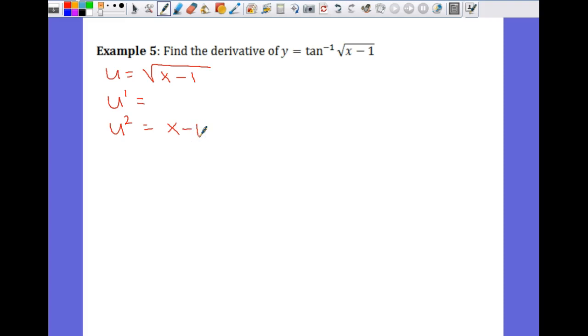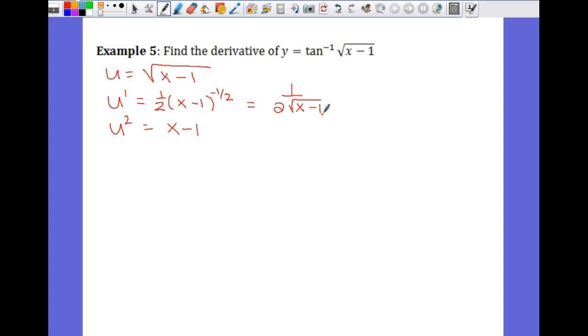The derivative is a little bit messier. The derivative of a square root is 1/2 times x minus 1 to the negative 1/2, times the derivative of the inside. The derivative of x is 1, and the derivative of 1 is 0, so this simply becomes 1 over 2 square root of x minus 1.